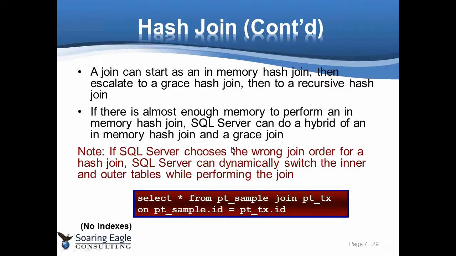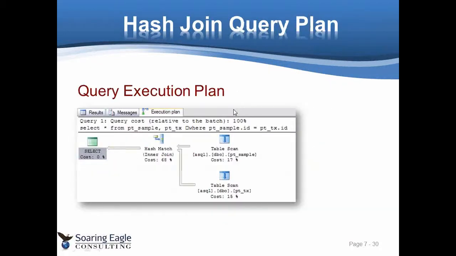So we'll talk about the fact that we can do it, and that we may get bad join orders. But what you really need to do is, if you have two data tables which are indexed or not indexed and using a hash join, add a good matching index.